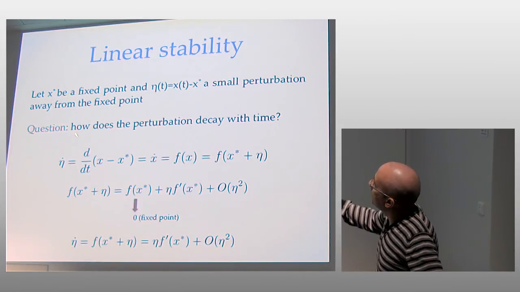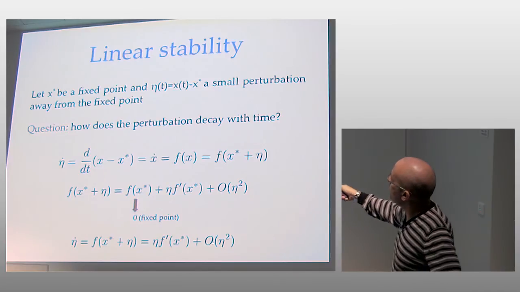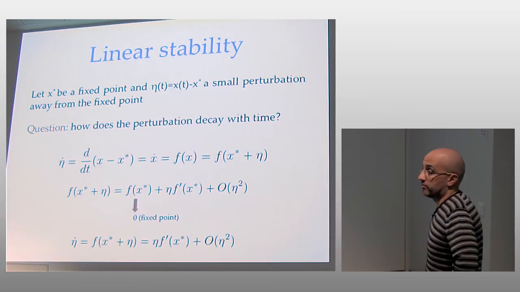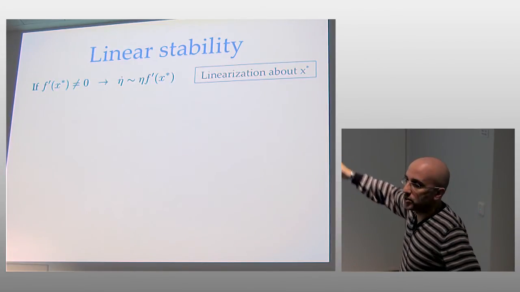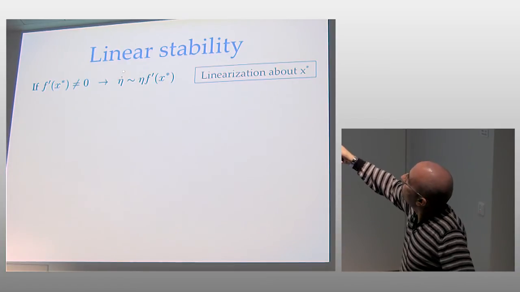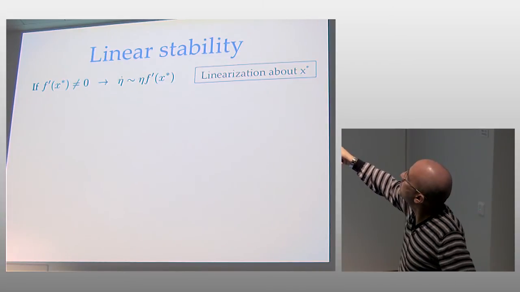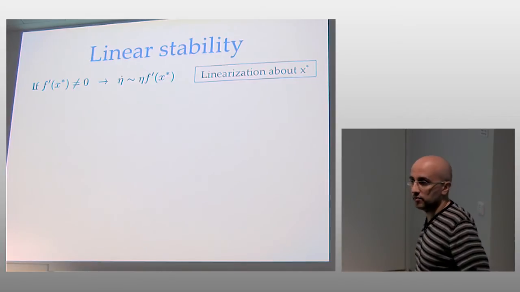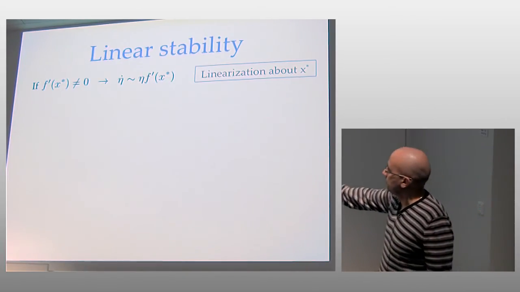So what do I get then? That eta dot, which is equal to that, is just equal to eta times this derivative plus terms of the order of eta squared or higher, which I can forget about. So approximately, if this perturbation is sufficiently small, the derivative of the perturbation, so the velocity of the perturbation, is proportional to the perturbation itself times this constant here, this derivative, which is exactly this equation here.